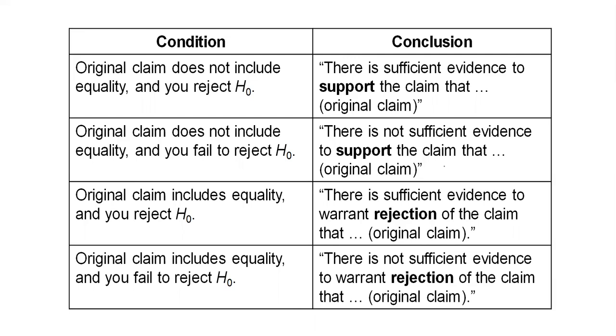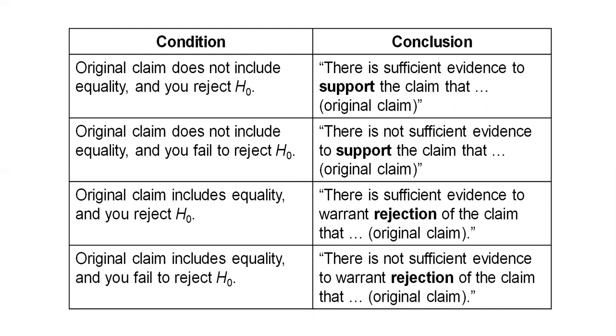So you finish off with a sentence that comes from the question, but this is how you will say it. You will say that there is evidence to support or there is not enough evidence to support. Then you will say there is evidence to warrant rejection, or there is not enough evidence to warrant rejection. That's the language you have to stick to.